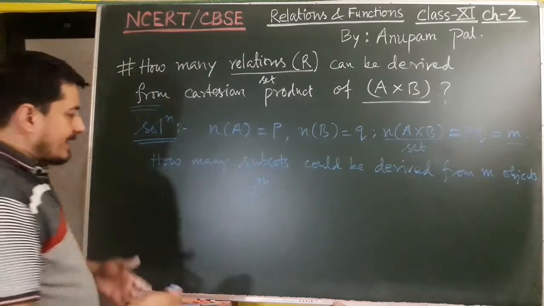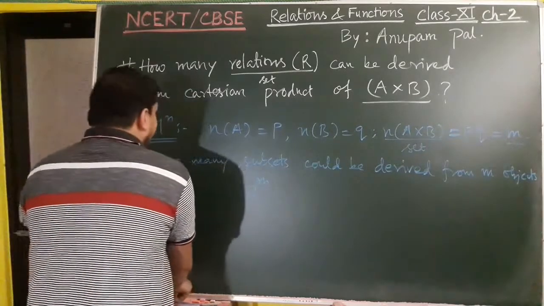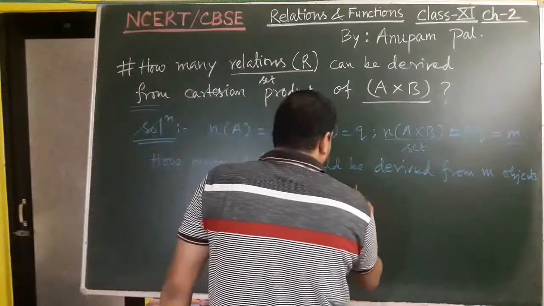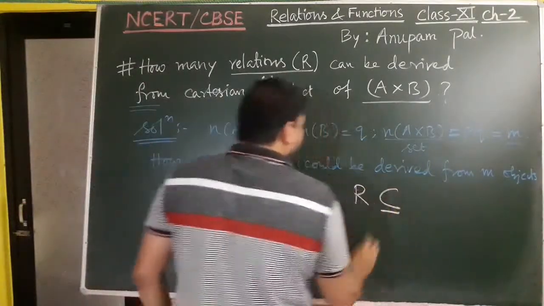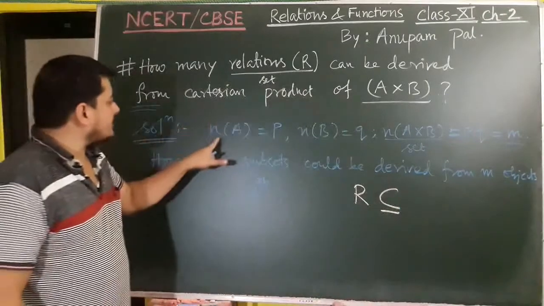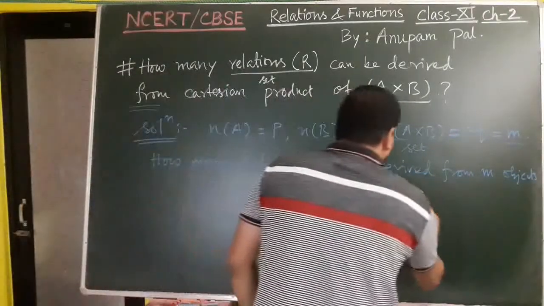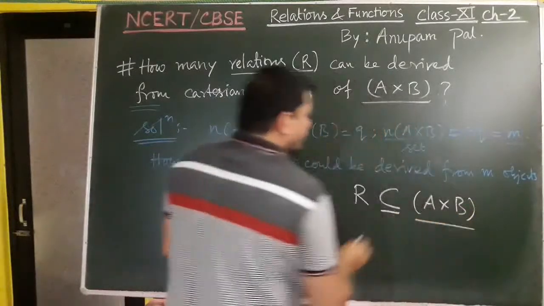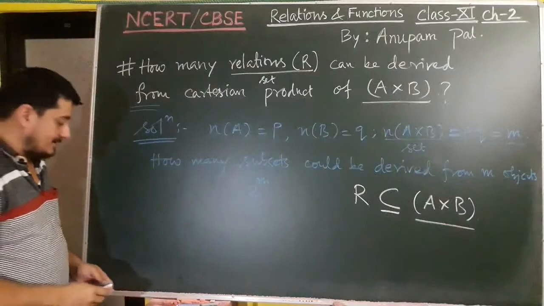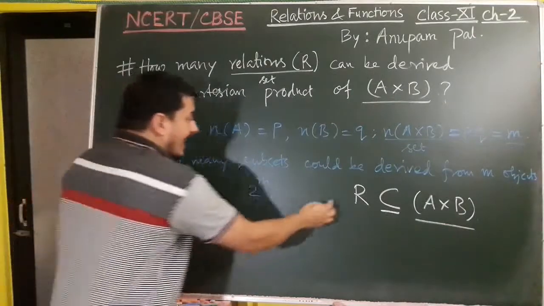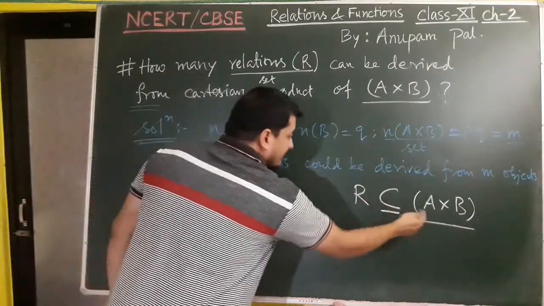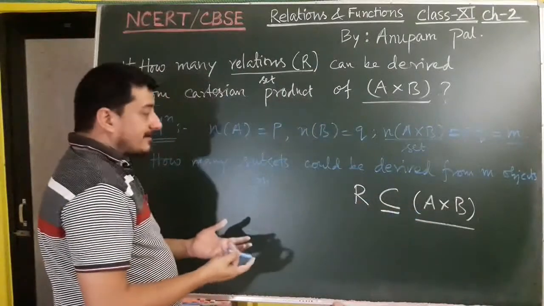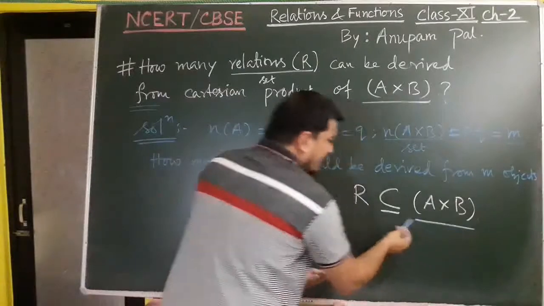Earlier I told you that this relation R is basically a subset of the Cartesian product, that means A cross B. R is nothing but a subset of A cross B. So how many subsets can you construct from A cross B?